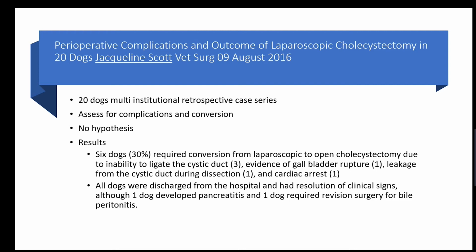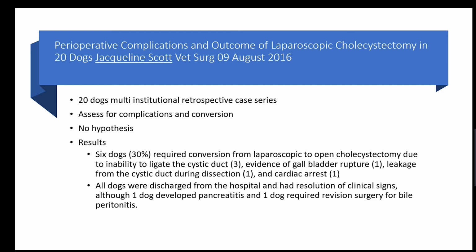They did find that of their patients, 30% of them required conversion from laparoscopic to open laparotomy because of their inability to get good ligations around the cystic duct. In 2 patients, they had evidence of tearing of the gallbladder and the cystic duct respectively, and 1 patient suffered cardiac arrest intraoperatively, so they were able to revive that patient and convert to an open laparotomy to continue their procedure.